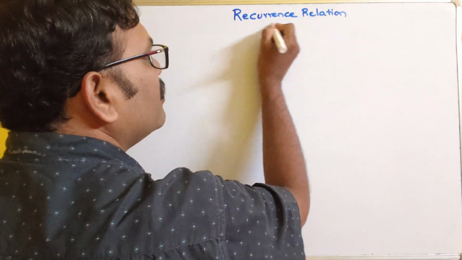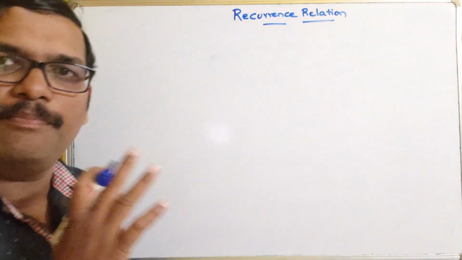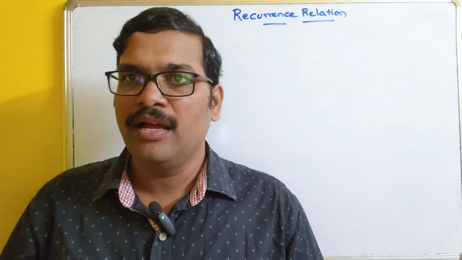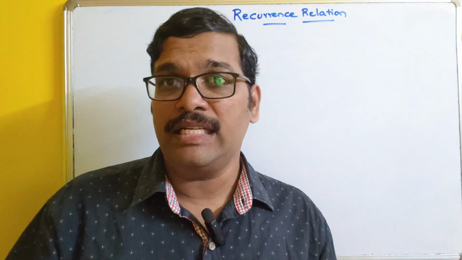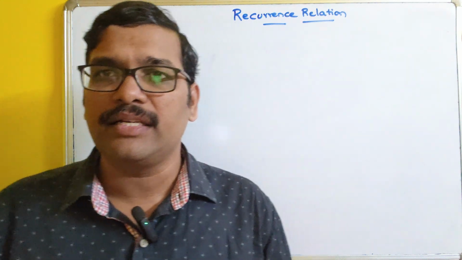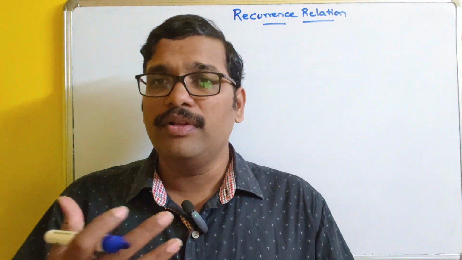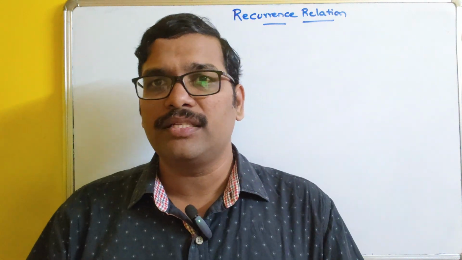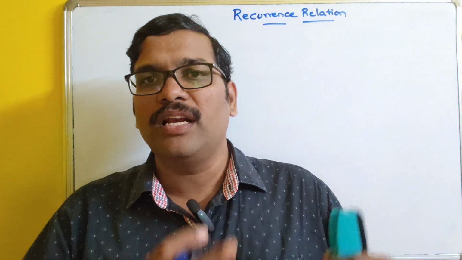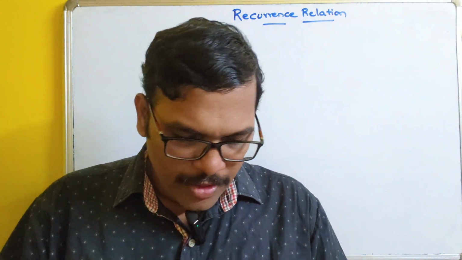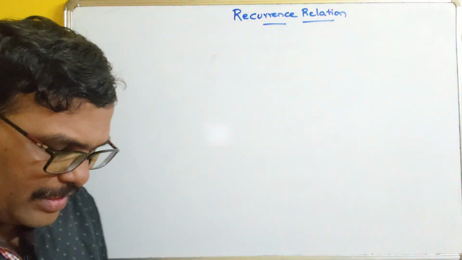In this session, we'll discuss what exactly the recurrence relation means, and we'll see some applications and one example. Further, in our next sessions, we'll see the different types of recurrence relations and the problems related to them. So what is the recurrence relation?